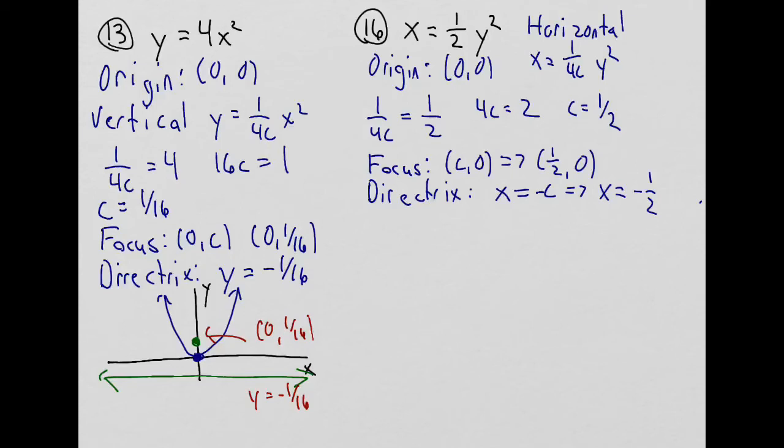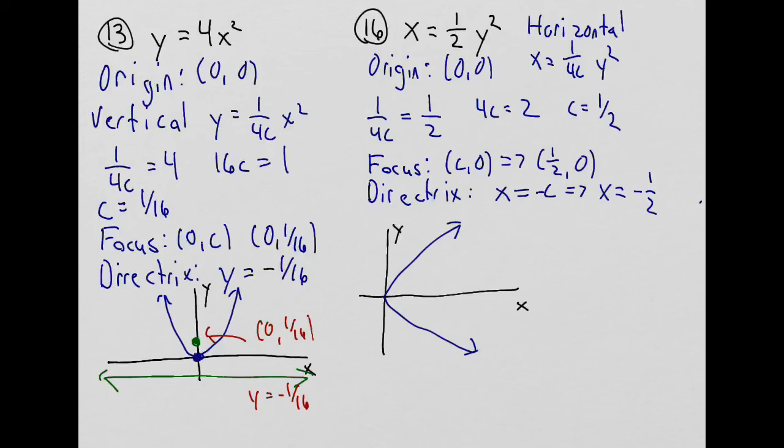So drawing this out, what's that going to look like? Again, it's opening right. So it's going to look kind of like that. There's y, there's x. Opening to the right, it'll look like this.